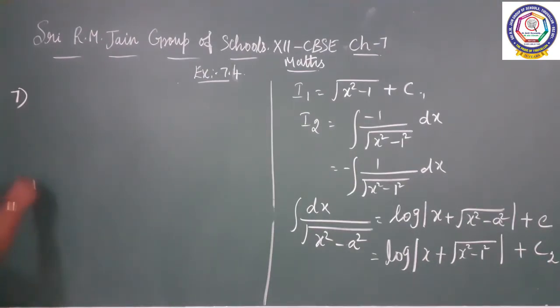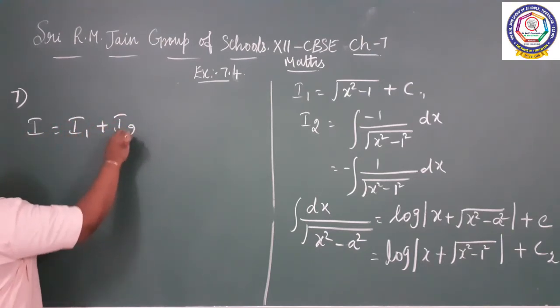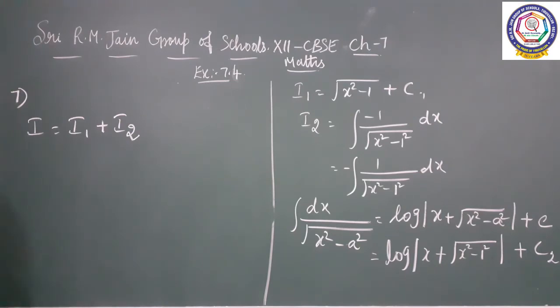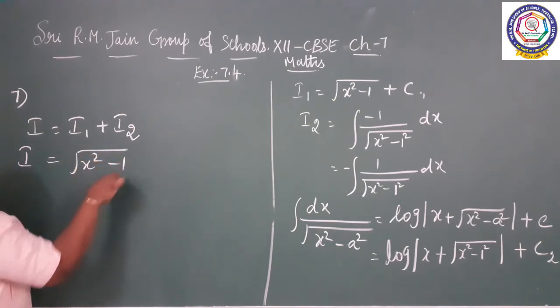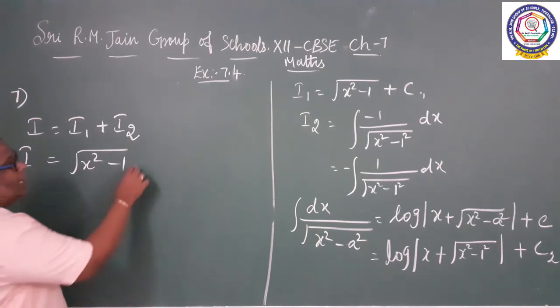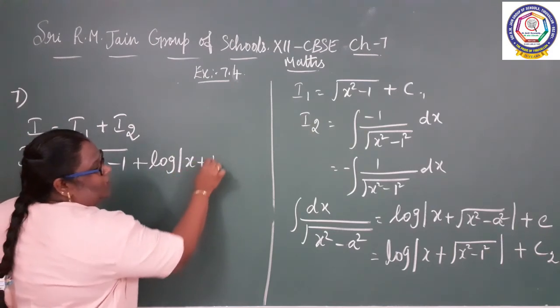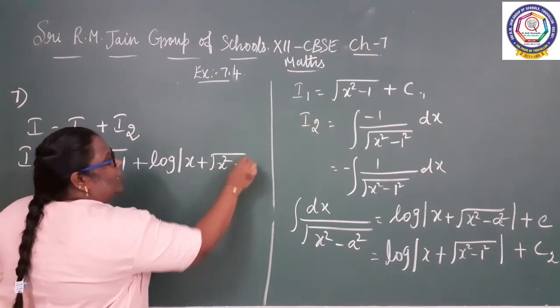So I equals I1 plus I2, the given sum. It gives I equals, what is the I1 value? I1 equals root of x square minus 1, at last you will write c. Plus what is I2? Log of modulus of x plus root of x square minus 1.